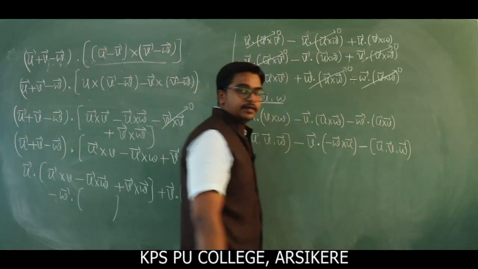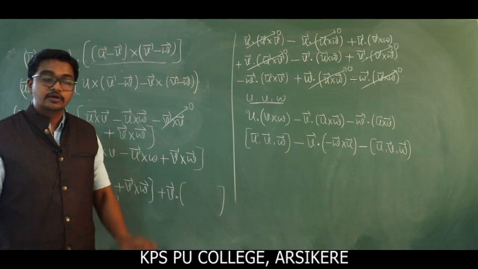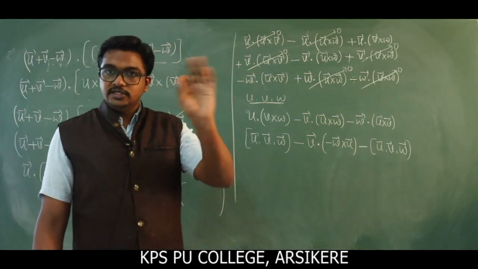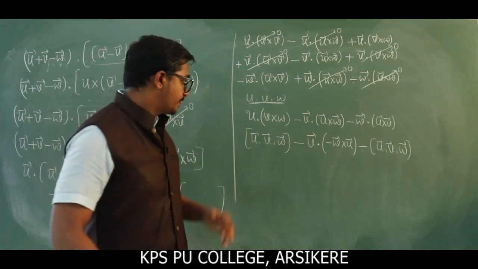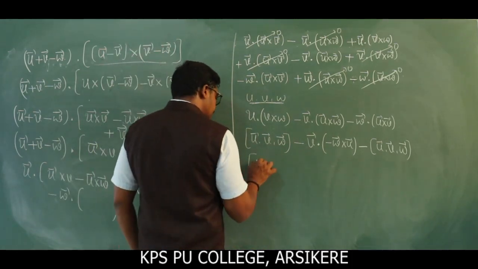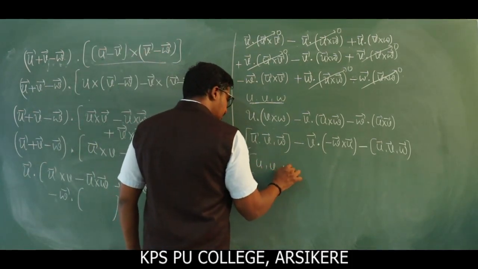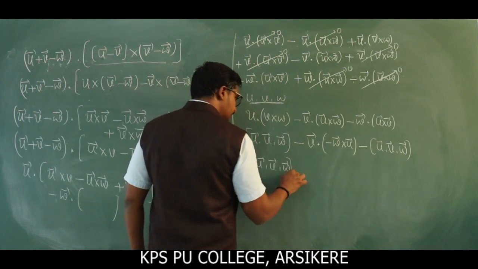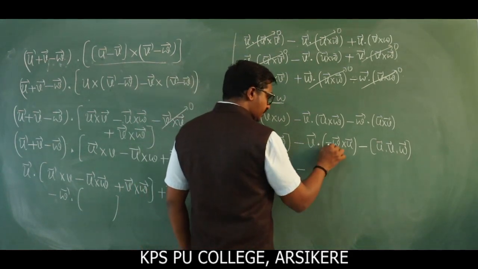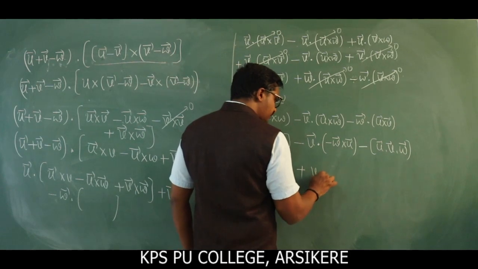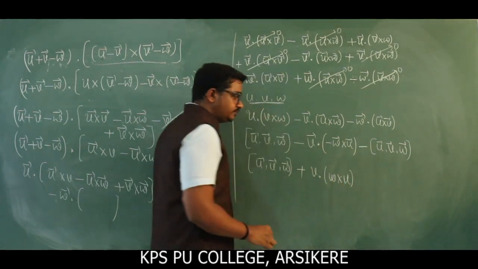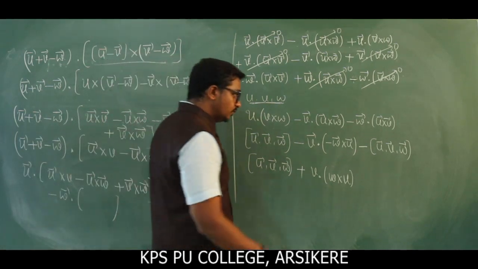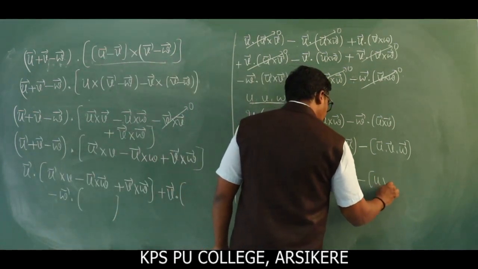Last class we have discussed that in the case of scalar triple product, a b c is equal to b c a is equal to c a b. So this becomes u v w, scalar triple product of u v w, minus, so minus into minus is plus v dot w cross u. V dot w cross u is the minus u v w.